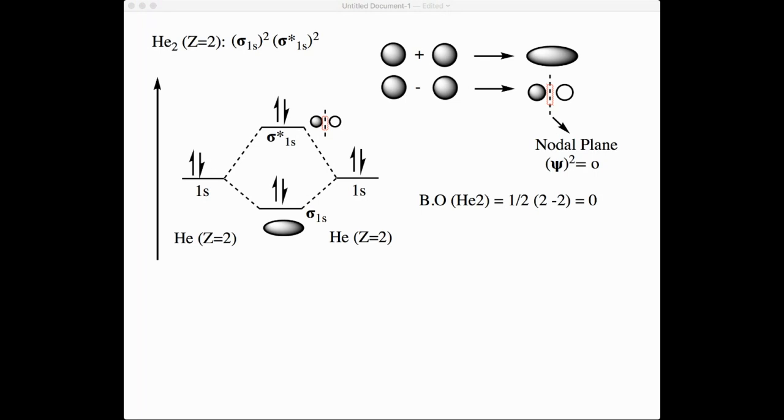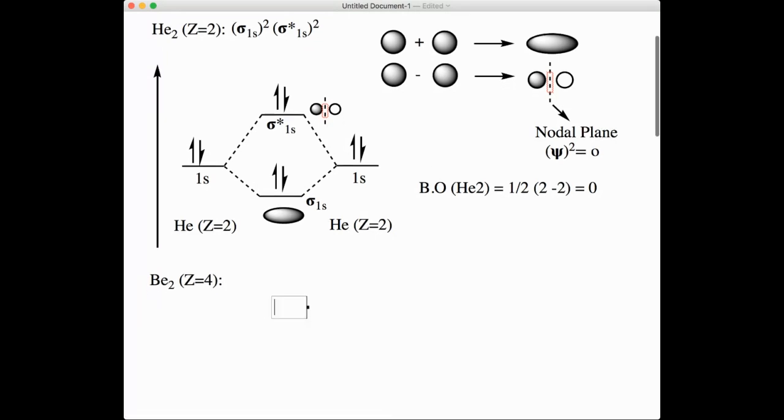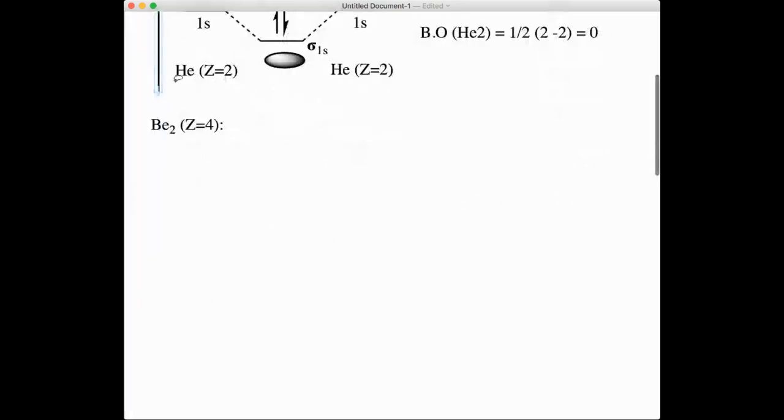Okay, good. Guys, I want to move on now and have you do with me the molecular orbital diagram for the molecule Be2. The atomic number for beryllium is 4. So let's do the molecular orbital diagram for Be2.